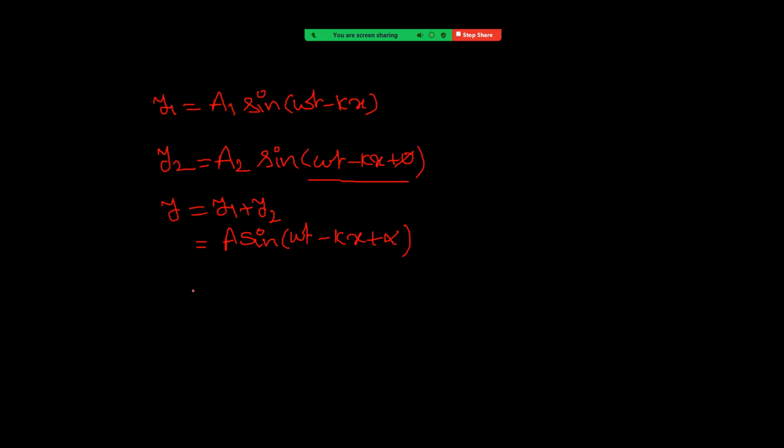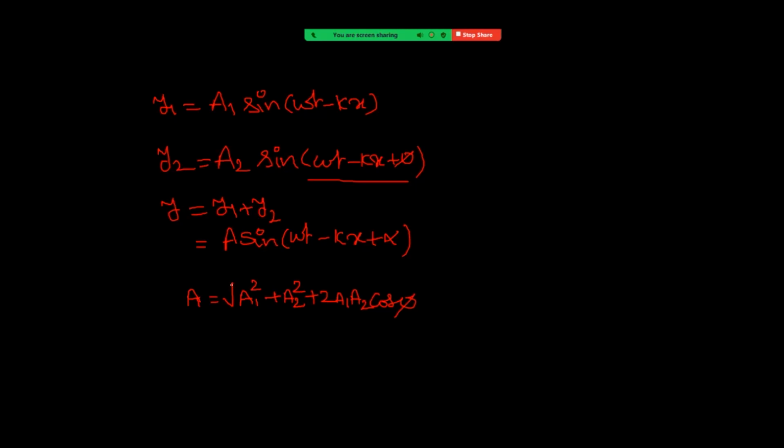Now in this, A is given by square root of A1 square plus A2 square plus 2 A1 A2 cos phi.